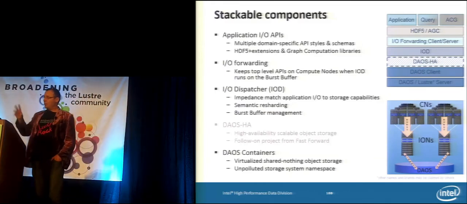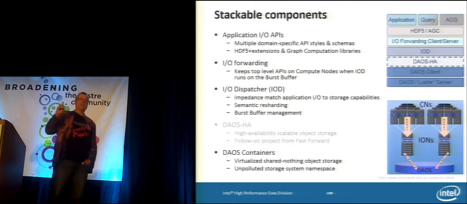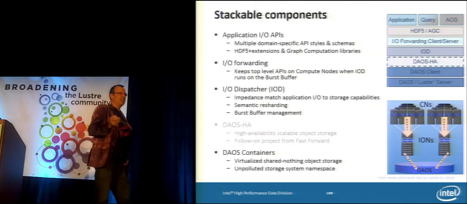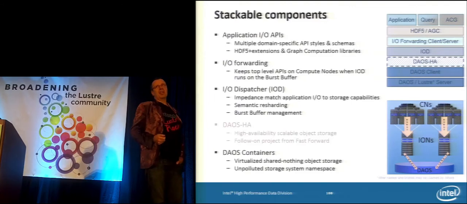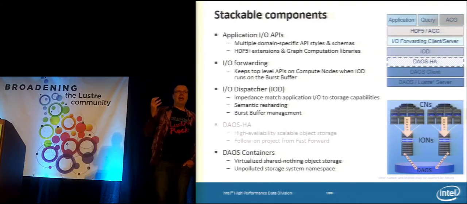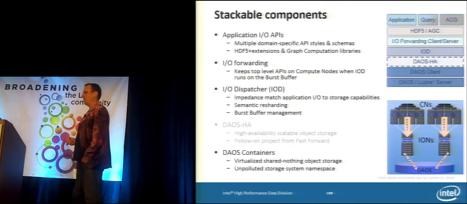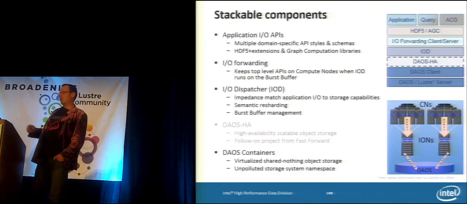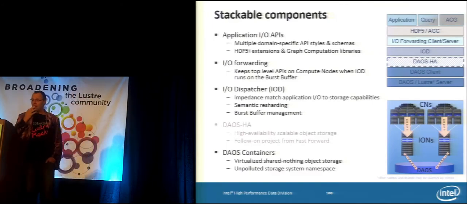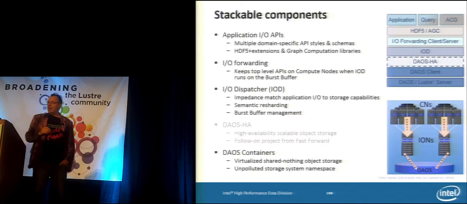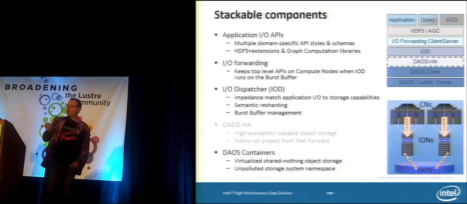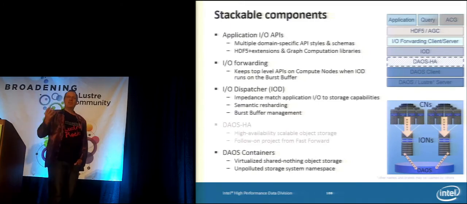And really, what we want is something in the middle that can understand the personality of the underlying storage and implement these application objects with their vast range of size and distribution and behavior efficiently on top of those bottom layers. And that's where this middle layer, the I/O dispatcher, comes in. It's the reshuffler.